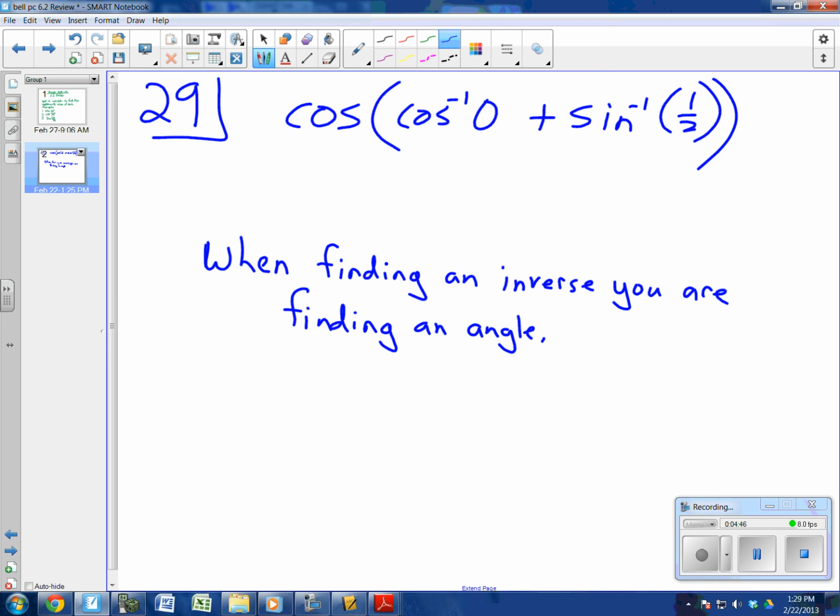So in that thing up there where it says cosine inverse of 0, here's an example. I would write this down in your notes too.